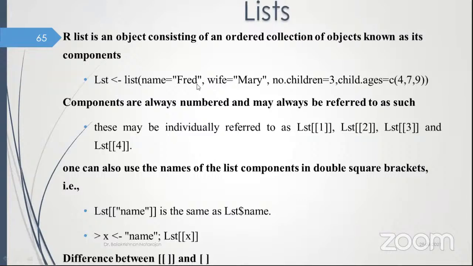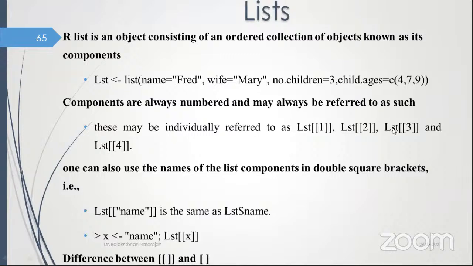In accessing the several components, you need to use double square brackets. If double square brackets are used for the name with its value, it means you get the list component.